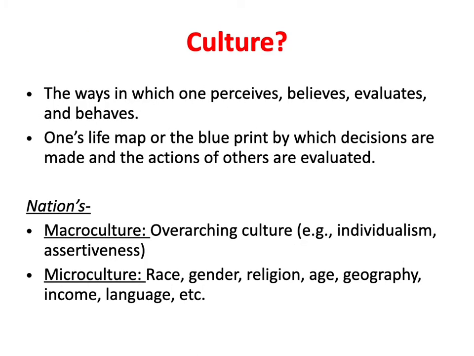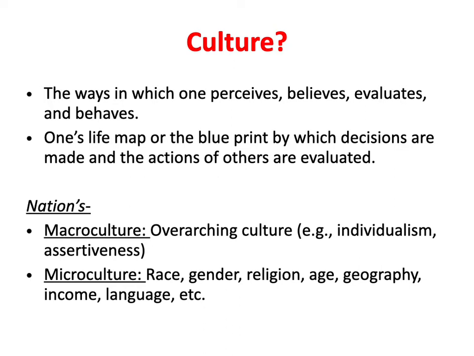Everyone has culture, and culture is the way in which one perceives, believes, evaluates, and behaves. And culture is one's life map or blueprint by which decisions are made and the actions of others are evaluated. A nation such as the United States has overarching national cultures as well. You may not agree, but in most literature, the United States' overarching culture is described as individualism.